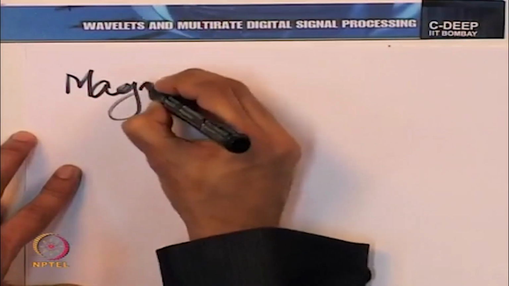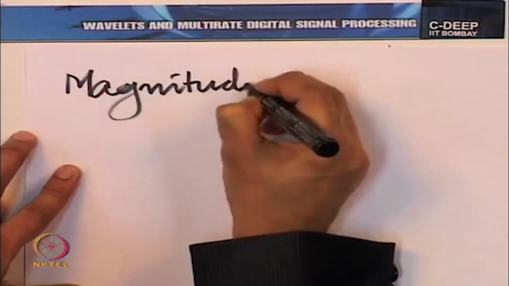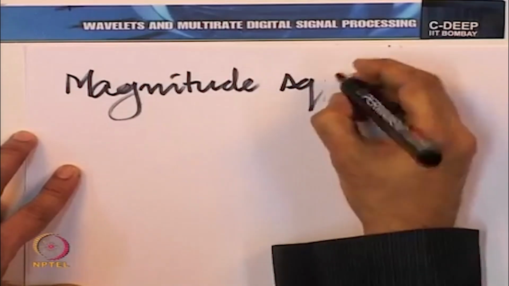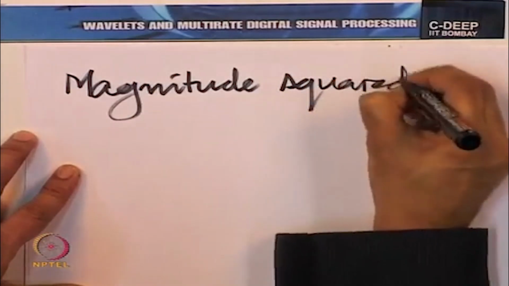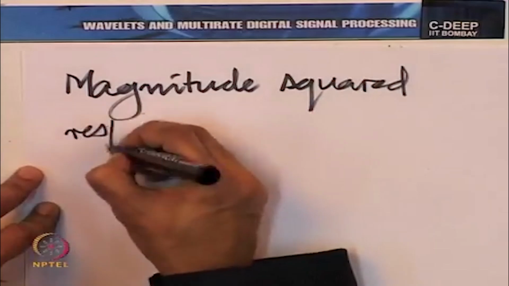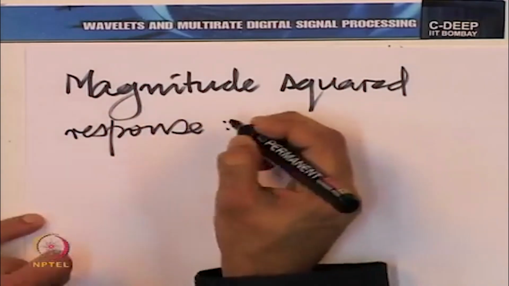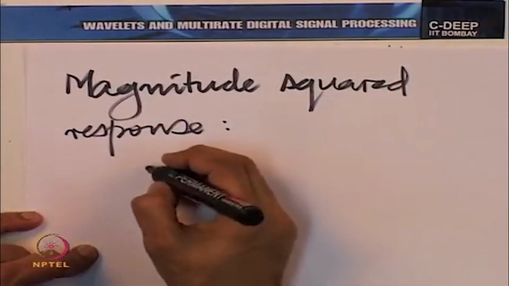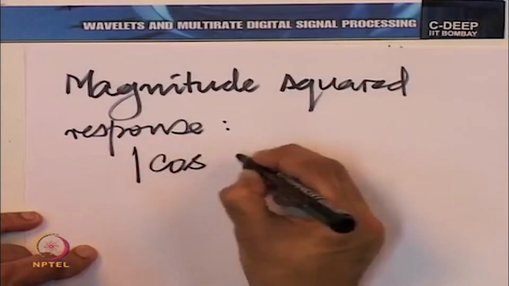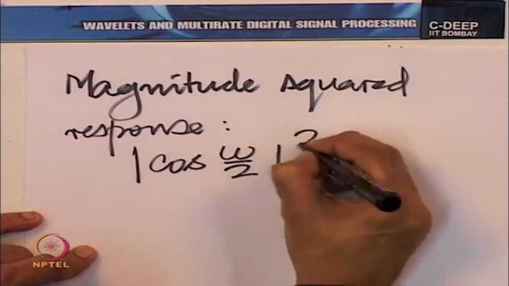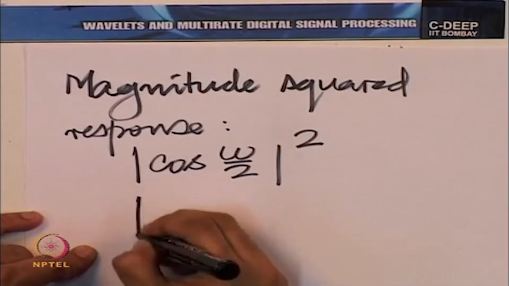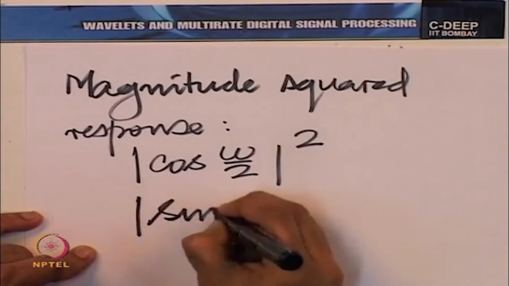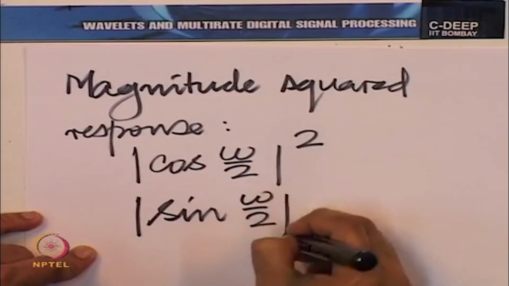So, in other words, we are asking the question, what is the magnitude squared response in the first one? It is mod cos omega by 2 the whole squared, and in the second one it is mod sin omega by 2 the whole squared.